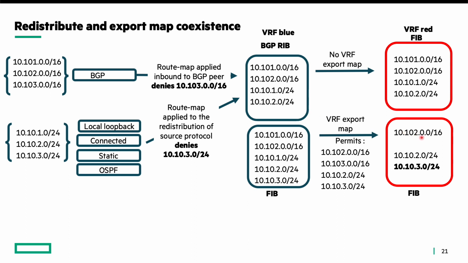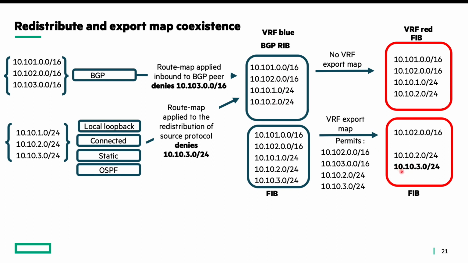We'll have 10.10.2 and 10.10.3, which was not in the BGP table, but we don't have 10.10.1, because it was discarded, dropped even before coming to the BGP table.